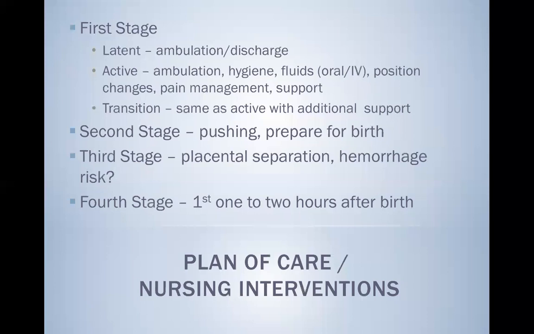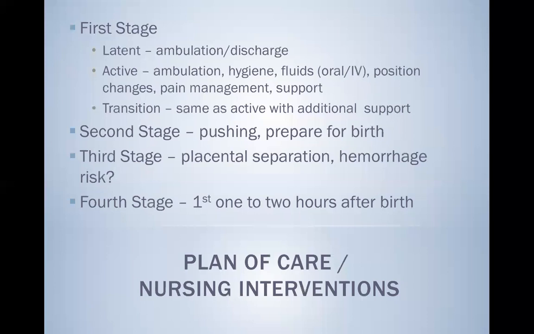If she does, then we're going to have some additional medications at the bedside. We're going to have Hemabate, which we're not going to give to our asthmatic moms. We're going to have Methergin, which we're not going to give to our hypertensive moms. And we're going to have Cytotec, in addition to the additional Pitocin, which will run after the placenta is born.